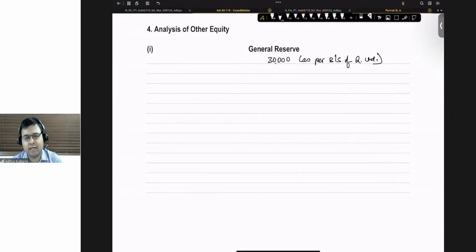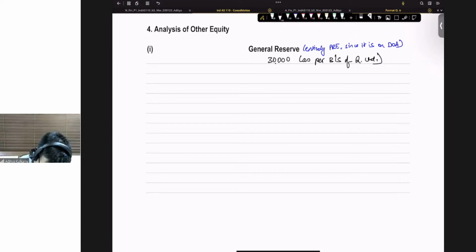None of it is post-acquisition because we are practically preparing the balance sheet on the date of acquisition itself. So the general reserve we will write as entirely pre, since it is on the date of acquisition.